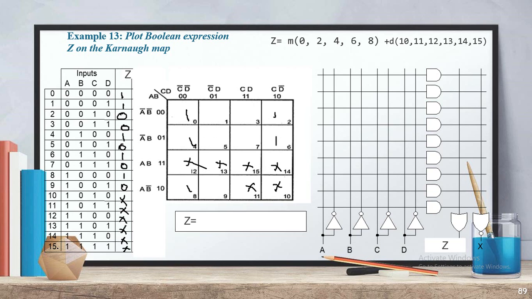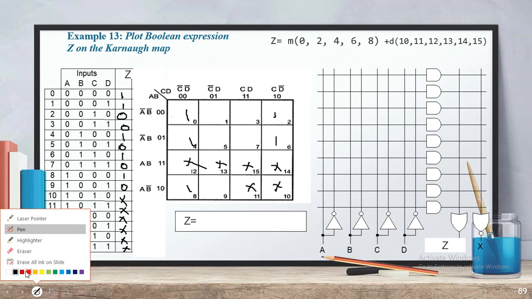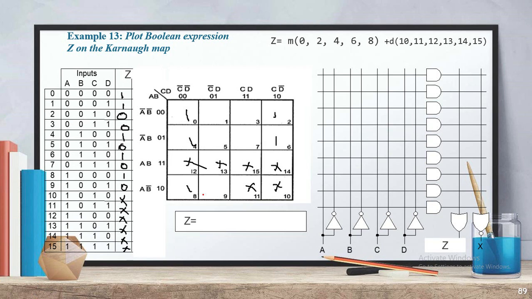When you are doing grouping, you have to make the maximum number of groups. Wrapping is possible from left side to right side. So the 0 portions and these 2 portions you can do together, all the 8 numbers, and what is left, 13, 15, 11, is don't care, so we can leave that. So this grouping we can take like that.